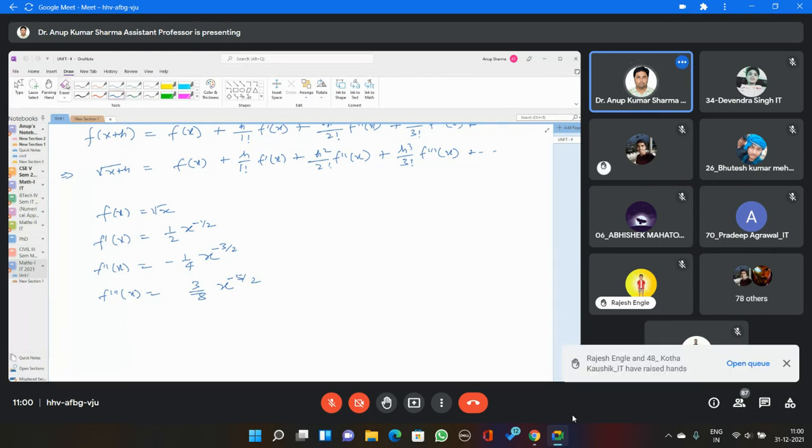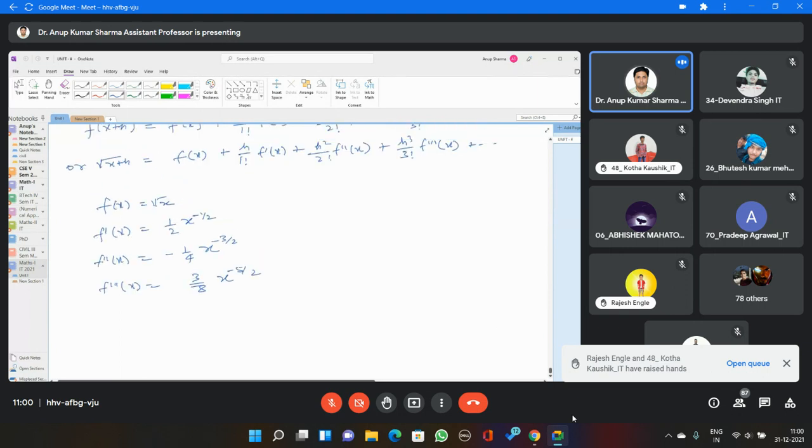So we are using these terms. We have root of x plus h, which is root x plus f dash of x, which is half x to the power minus half, plus h square into f double dash, minus 1 by 4 x to the power 3 by 2, plus h cube upon factorial 3 into 3 by 8 x to the power minus 5 by 2.